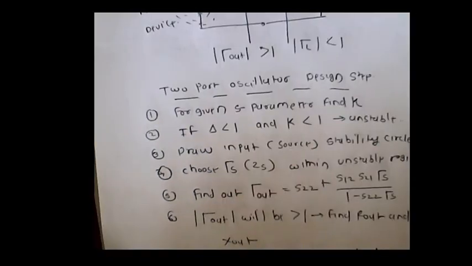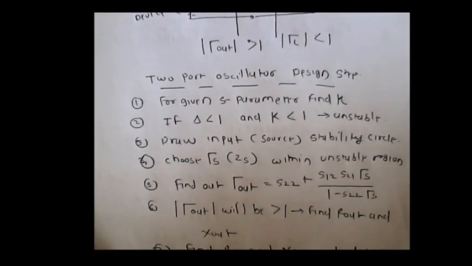So what are the steps to design a two-port oscillator? For the given S parameters, find the K value first. If delta is less than 1 or K is less than 1, then the device must be unstable.